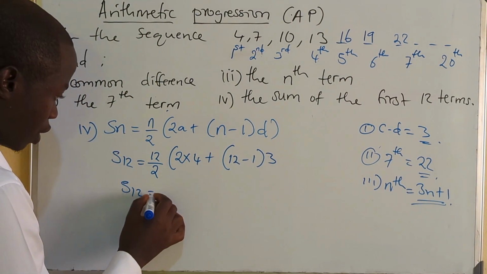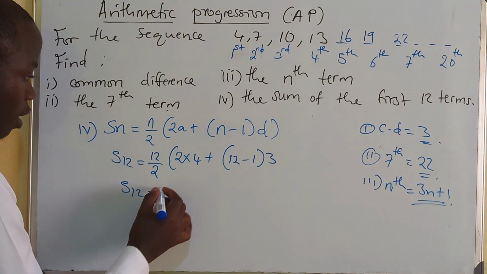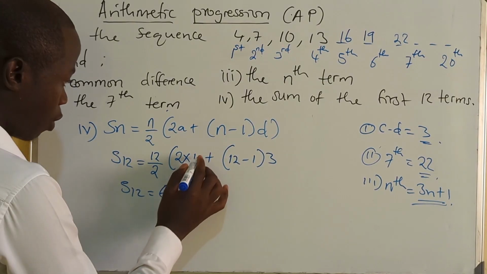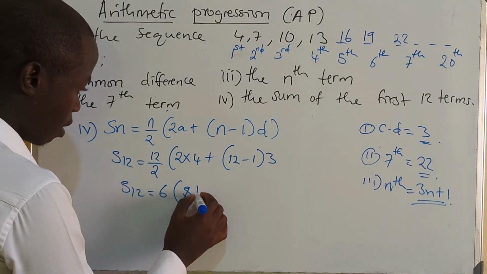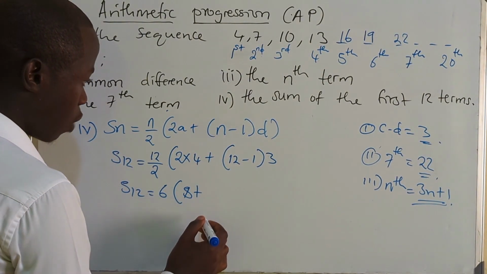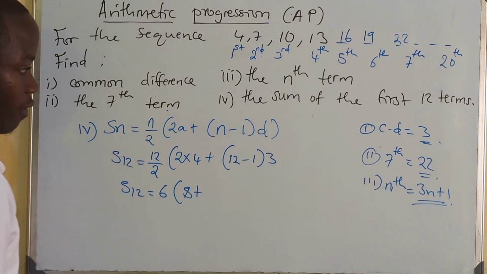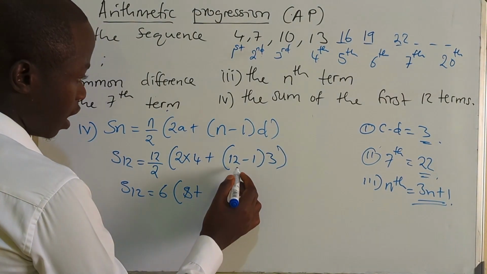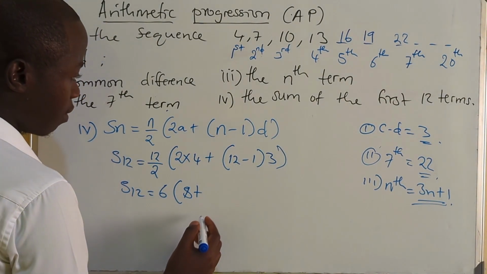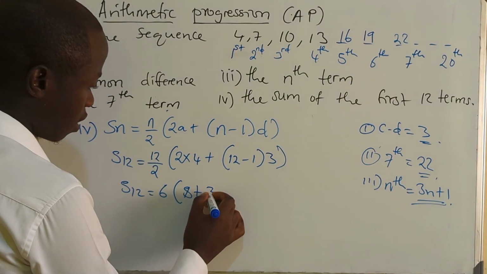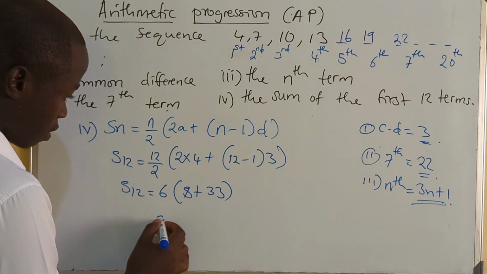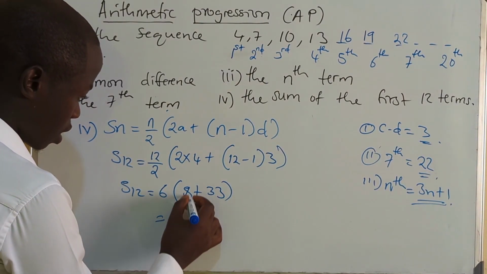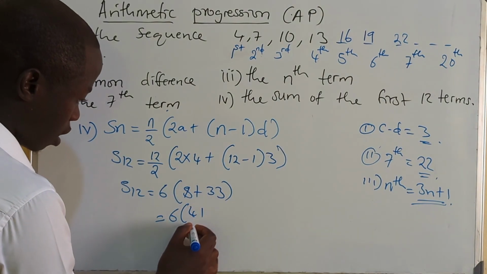So S12 is equal to 12 over 2, this is 6, multiplied by 2 times 4, this is 8, plus 12 minus 1, giving us 11. And 11 multiplied by 3 is 33. So 8 plus 33 is 41.